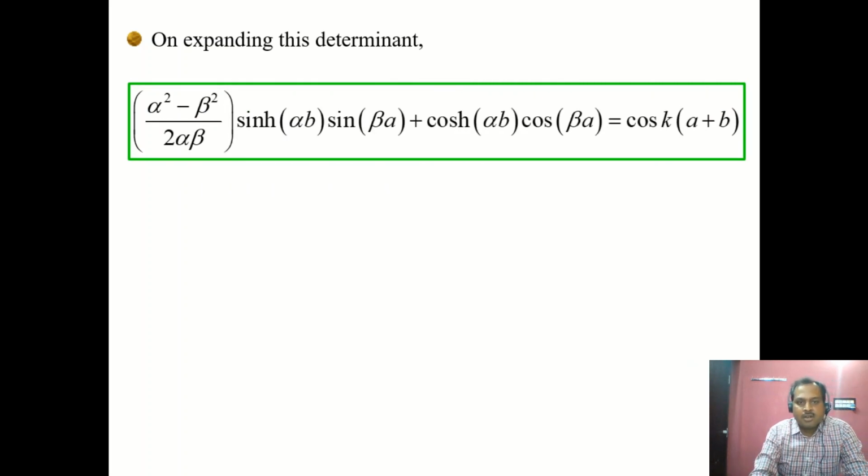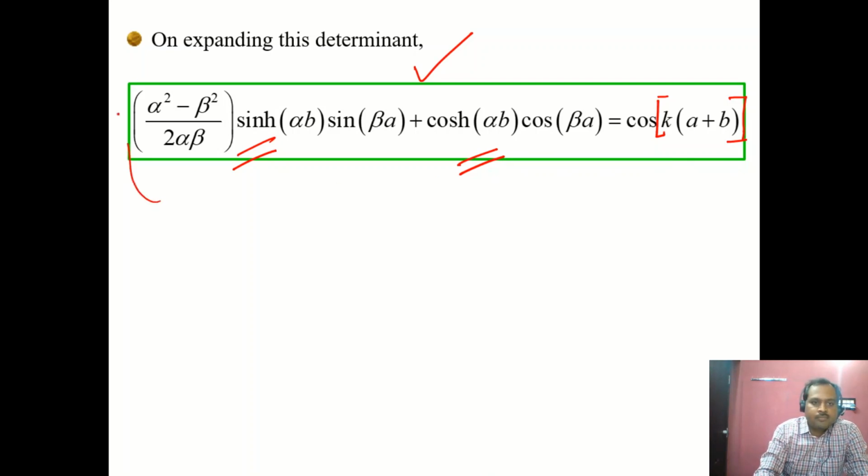If you expand the determinant, then we are going to get this particular equation, that is alpha square minus beta square by 2 alpha beta, sine hyperbolic alpha b sine beta a plus cos hyperbolic alpha b into cos beta a is equal to cos k into a plus b. So here the hyperbolic functions are on the left hand side and the cosine function is on the right hand side.